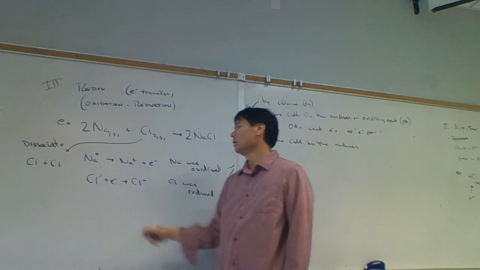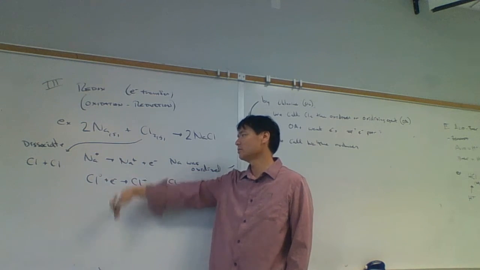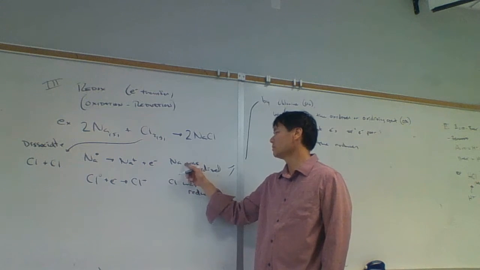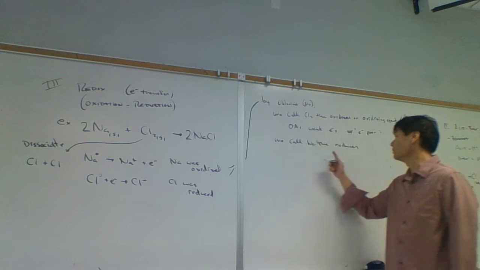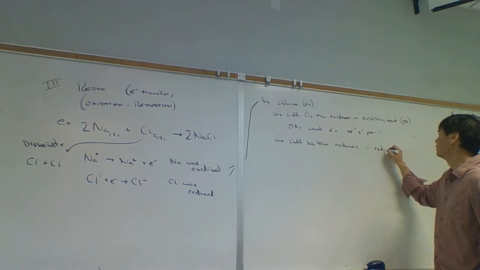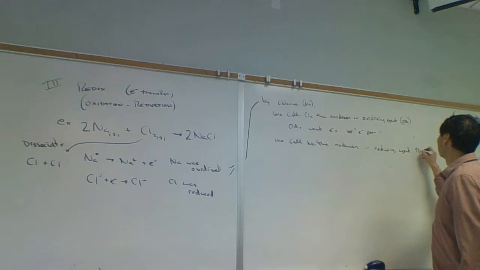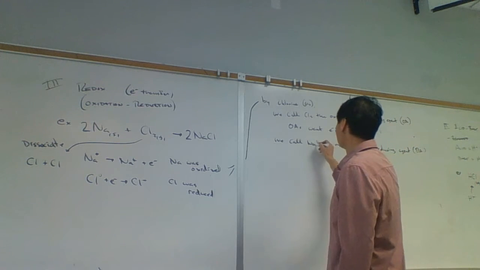But there's no charge. Normally we don't write a 0 here if there's no charge. There's no charge, it's neutral. But this is just to emphasize that. And so sodium was oxidized by the oxidizer. Chlorine was reduced by the reducer. Well, who's a reducer? In this case, the reducer, or reducing agent, which I abbreviate RA, is sodium.